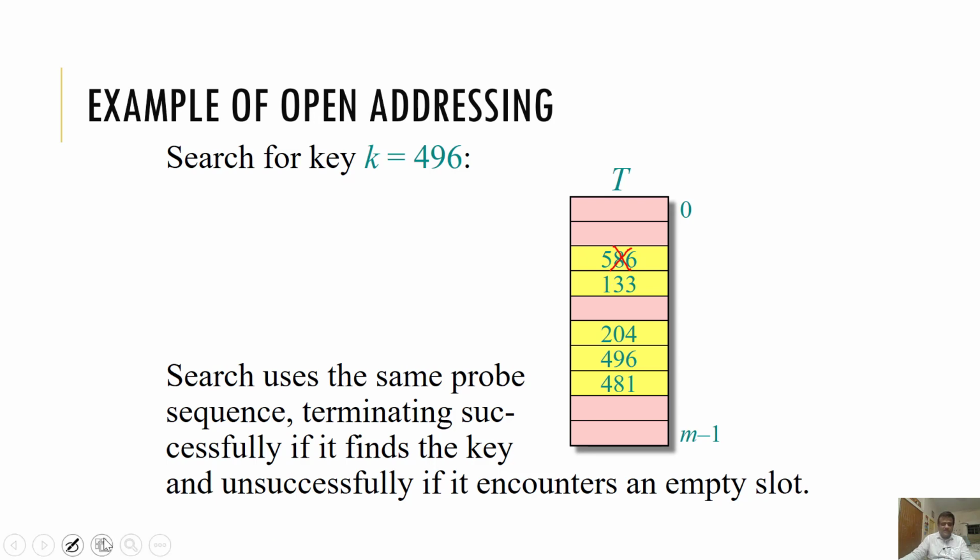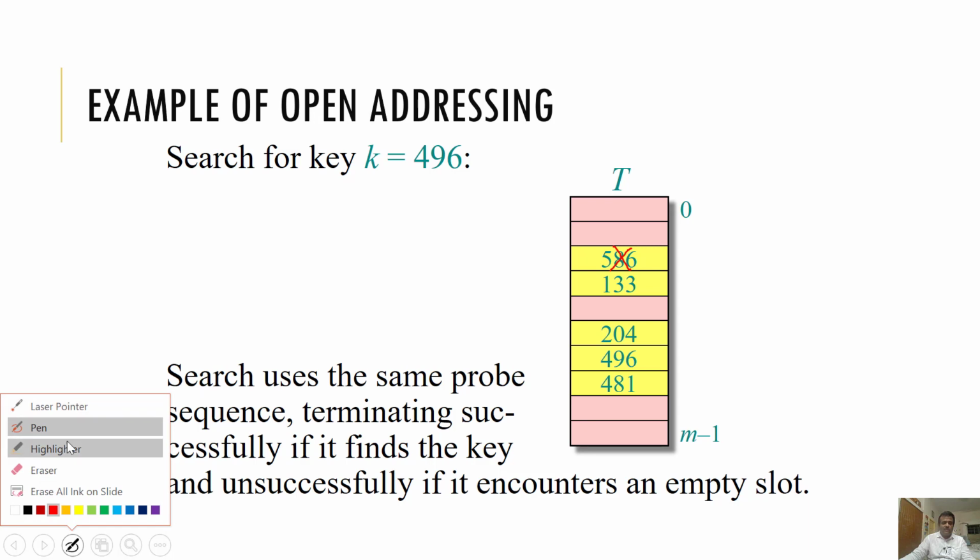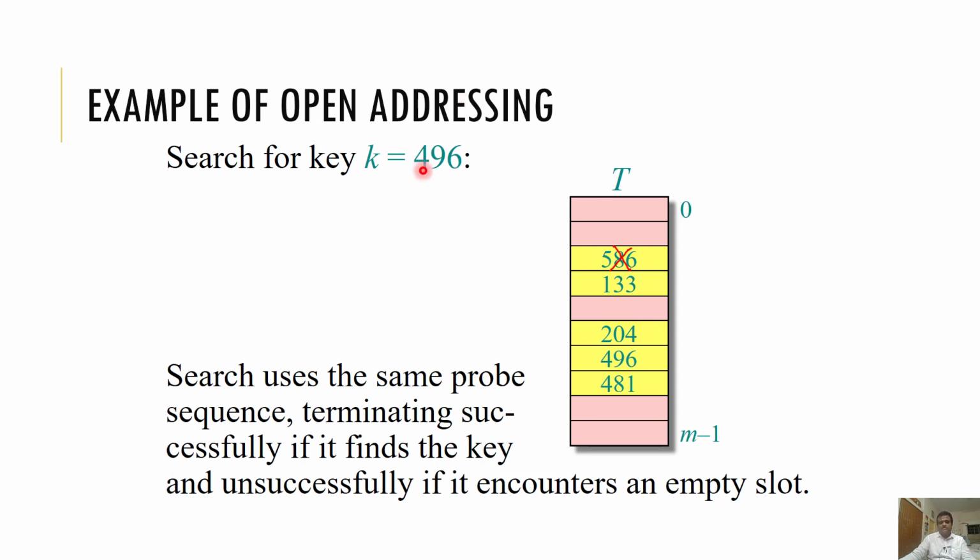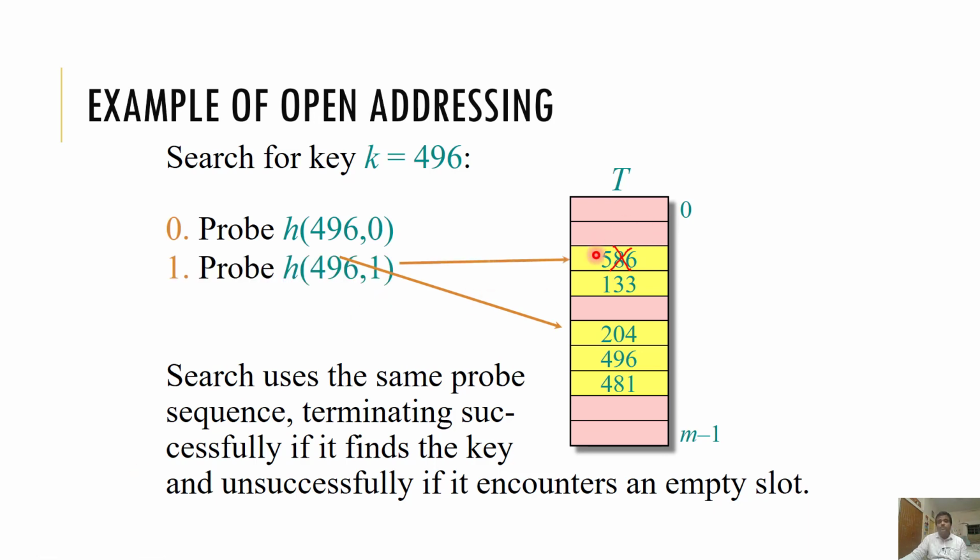After deletion, we are searching for 496, which is already there. For the 0th probe it will hit here, and we check whether this is the same or not. It is not the same, so we go for the next probe, but the next probe hits an empty slot. So it is misleading us. Our strategy tells us we should stop, but this slot is not originally empty. Some record was there which got deleted.